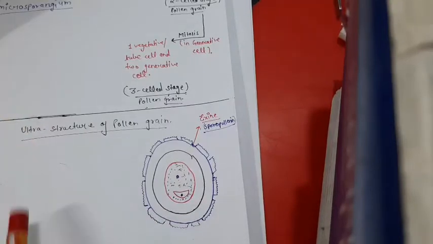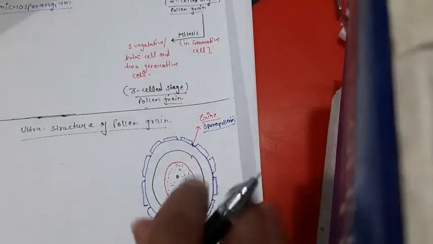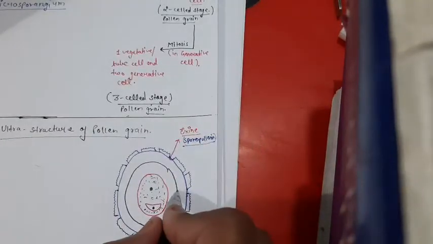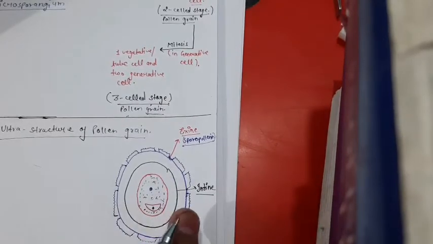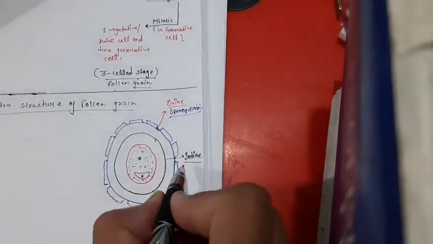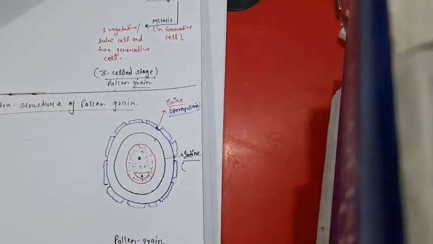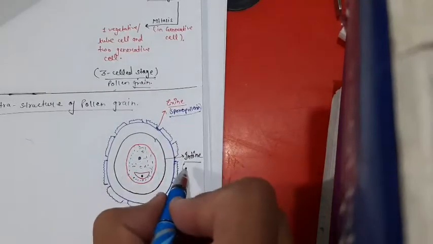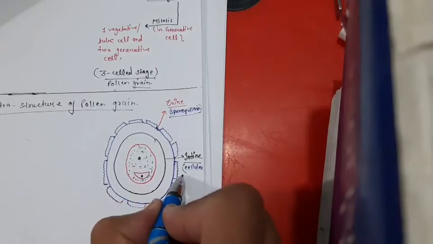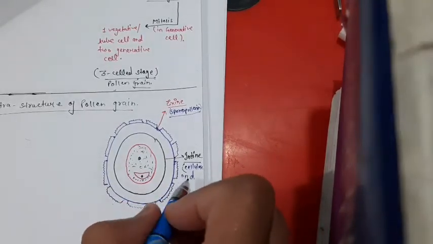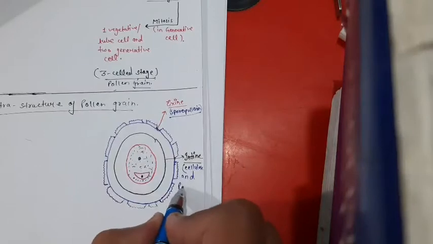Now the second layer is called intine, I-N-T-I-N-E. Intine is made up of cellulose and pectin.